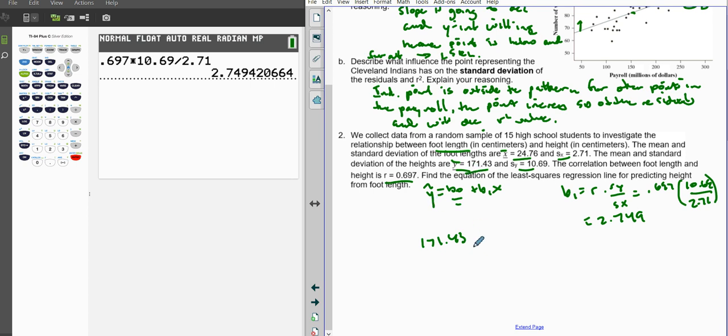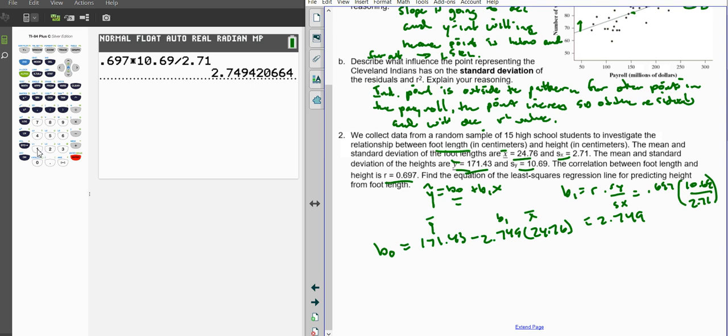That's the mean of our y's, and we're going to subtract our slope, 2.749, times the average of our x's, the foot lengths, which is 24.76. Plug that in there, and that will equal, my friends, our y-intercept.